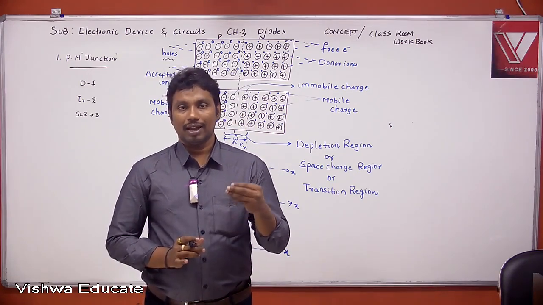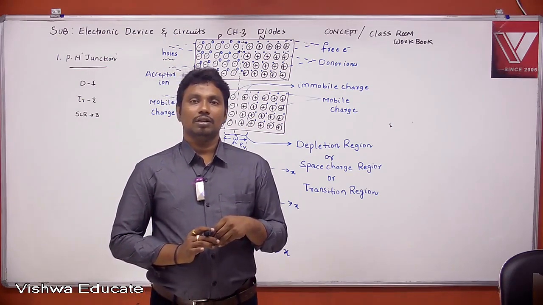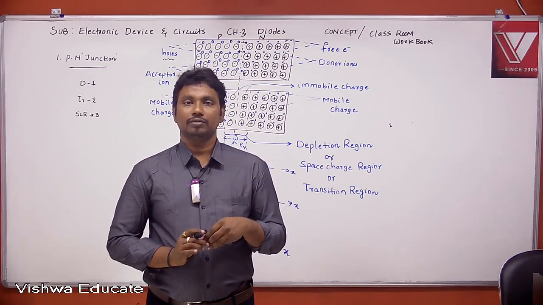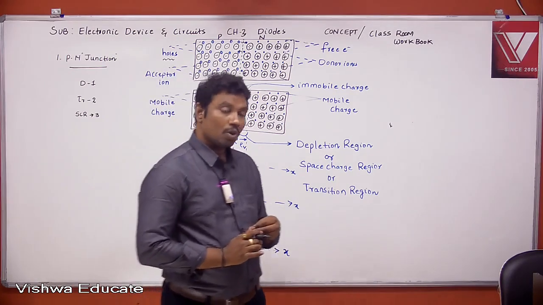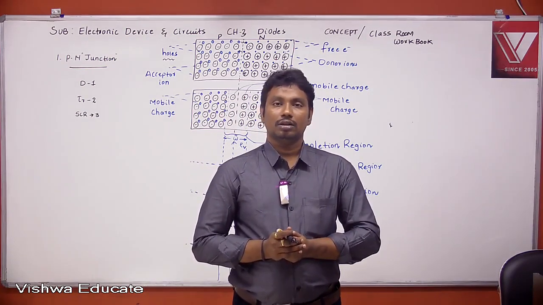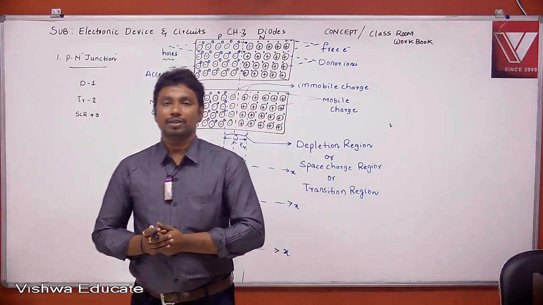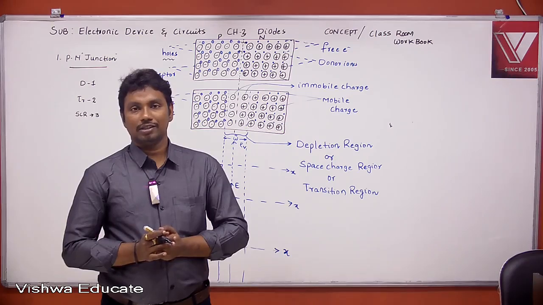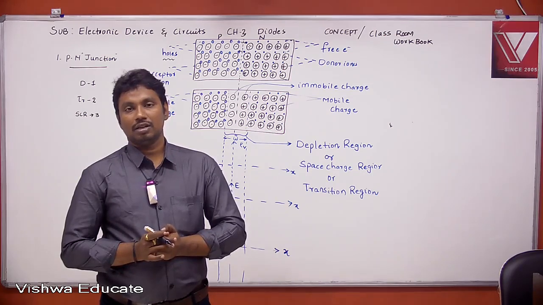Next point. As a result, these immobile charges are formed as a region. This region is called the depletion region, or space charge region, or transition region.